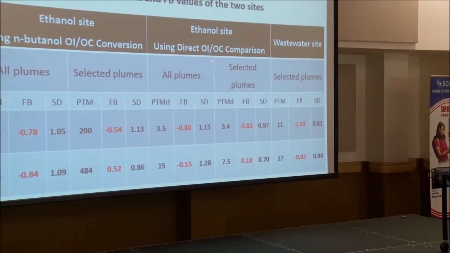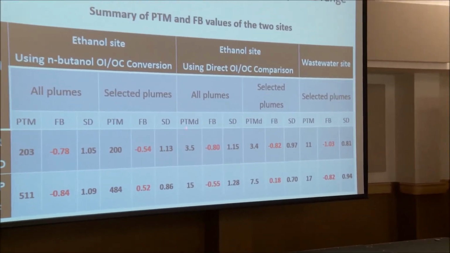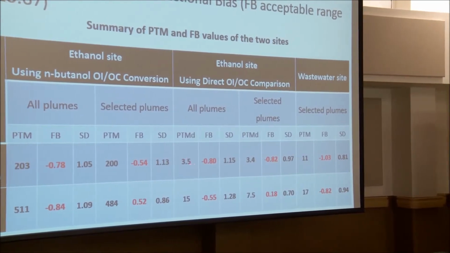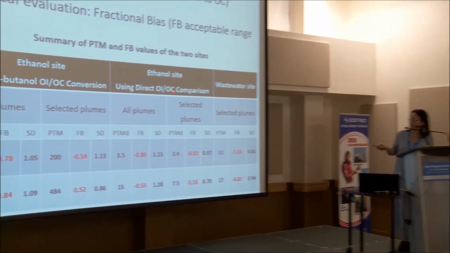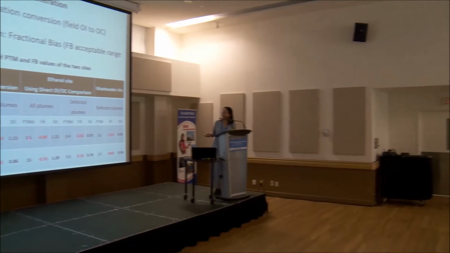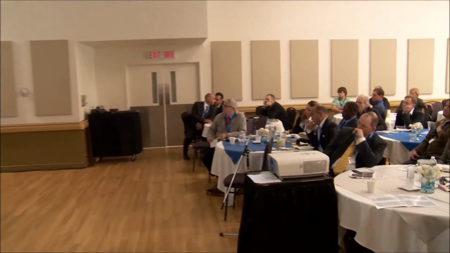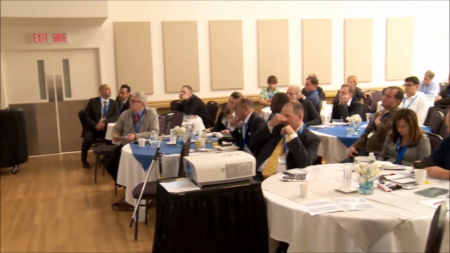So it's convenient to use this PTM because you don't need to do n-butanol conversion. After you do dispersion modeling, you just apply this PTM, and then you can directly compare with the field measured odor intensity. And then for the wastewater treatment plant, we got PTM value of 11 for AERMOD and 17 for CalPUFF. We didn't do the direct PTM value generation because the data size is small.